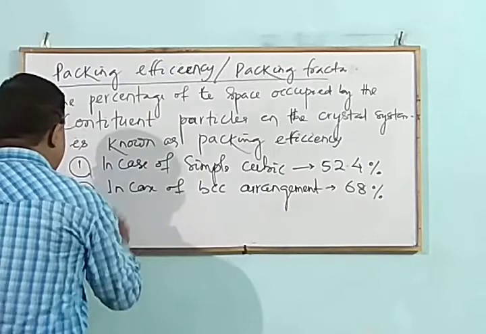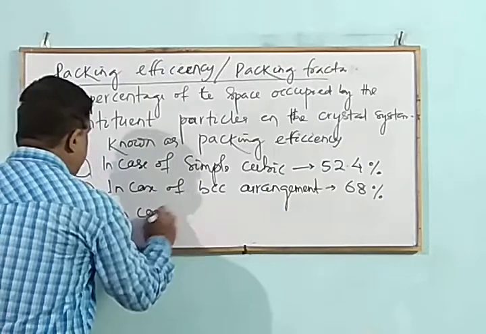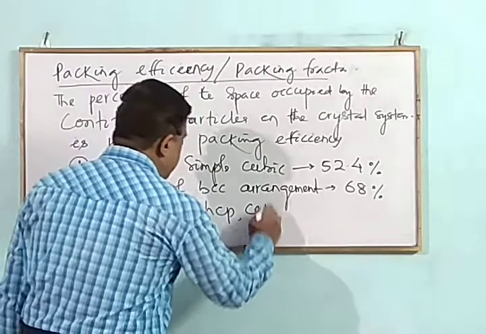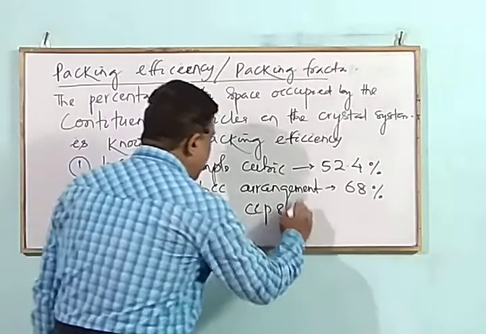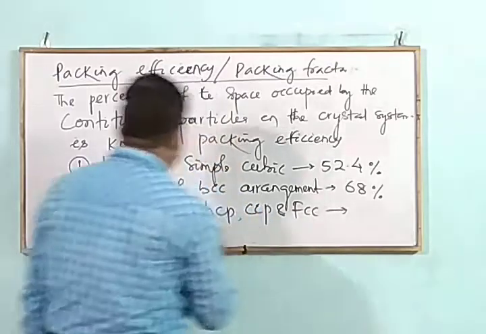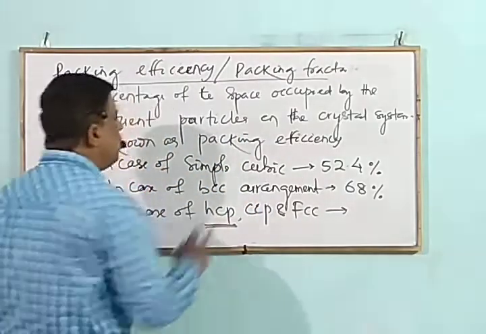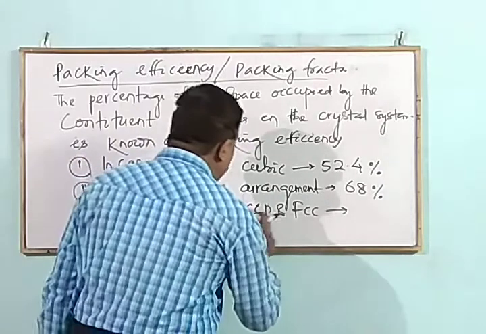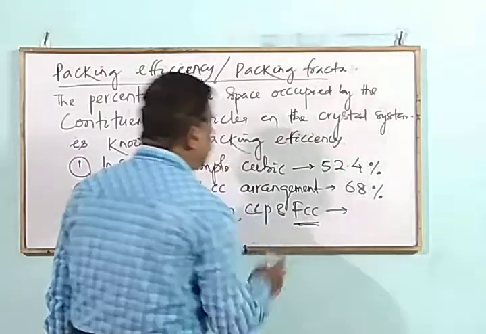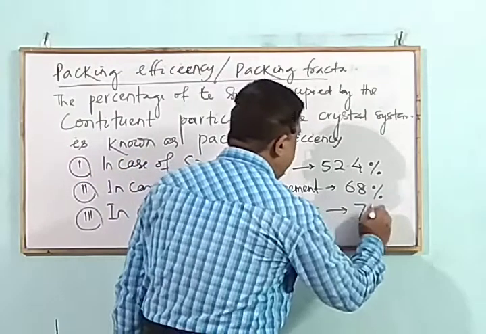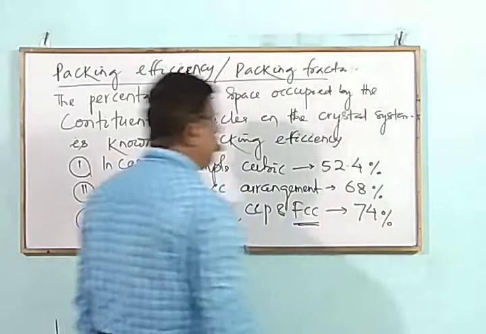While third one, in case of HCP, hexagonal close packing, CCP, cubic close packing, and FCC, face centered cubic close packing, the packing efficiency is 74%.